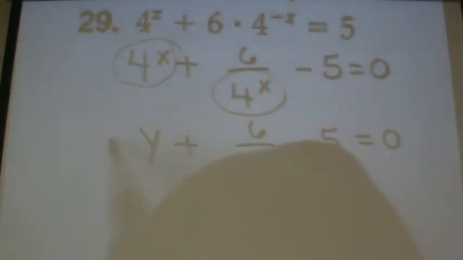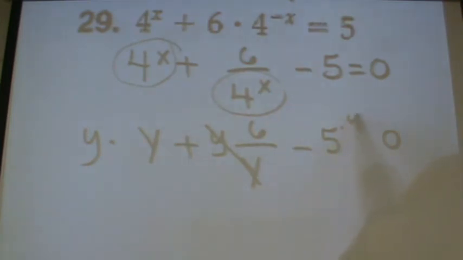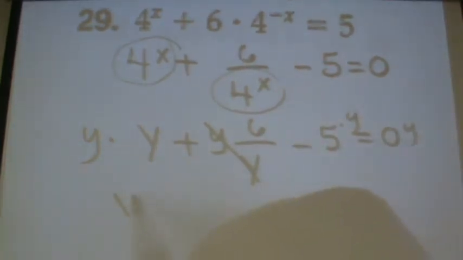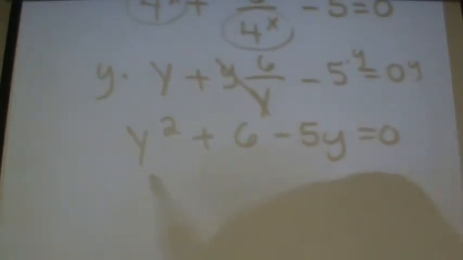By y. So if I multiply this by y, those cancel, and then this by y, and that by y. So you get y squared plus 6 minus 5y equals 0. Fix it up. You know what I mean by fix? Standard form.